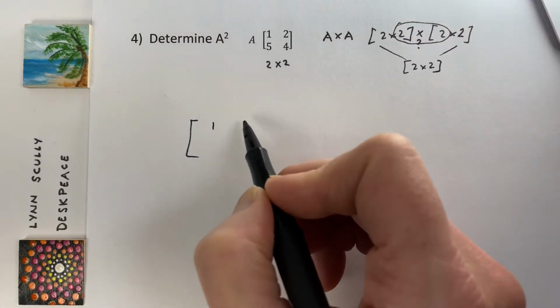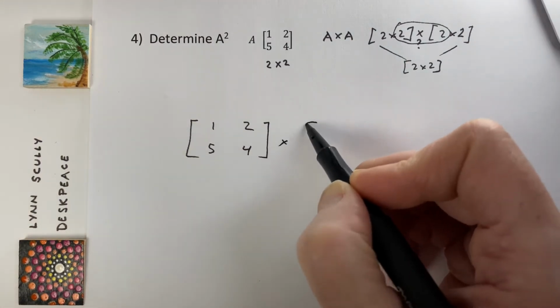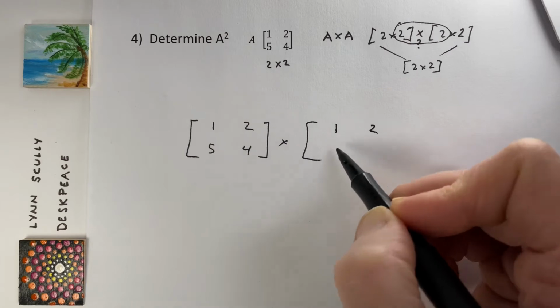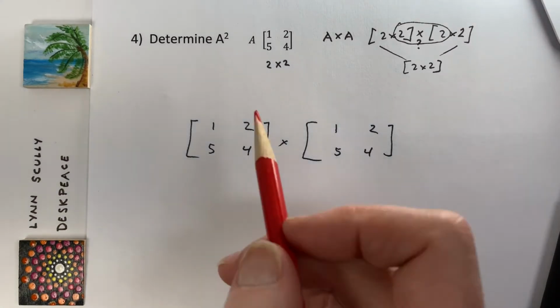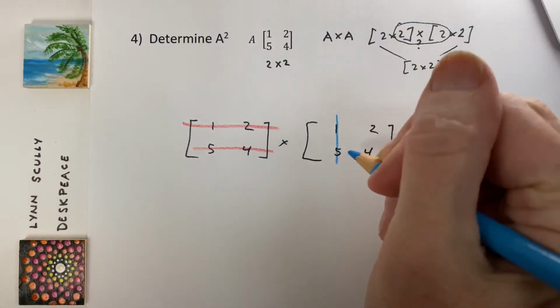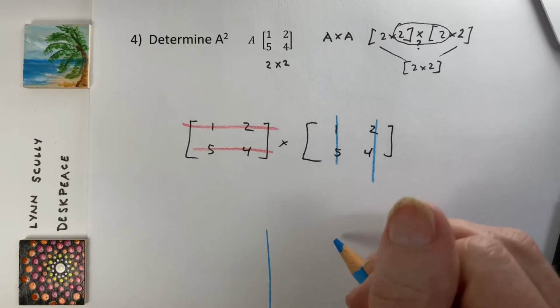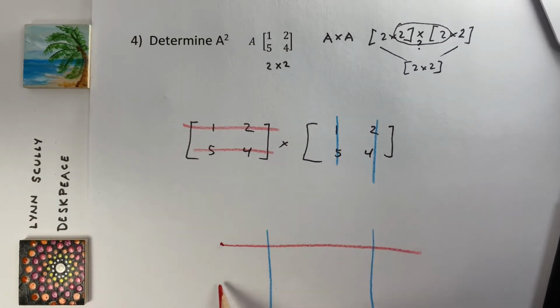So I have 1, 2, 5, 4 times the same one again, 1, 2, 5, 4. I'm going to come in with my colored pencils, rows in the first one, columns in the second. Columns, I'm giving myself more room this time, and rows.